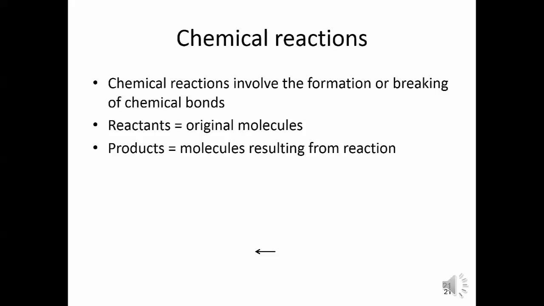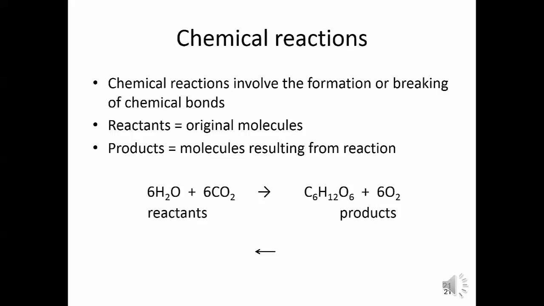And when we do this, first we start with reactants, that's what you start with, and you produce a product. That's the molecule that you get at the end of the reaction. So for example, in this reaction, 6 water molecules plus 6 carbon dioxide molecules yield glucose and oxygen gas. This is photosynthesis.